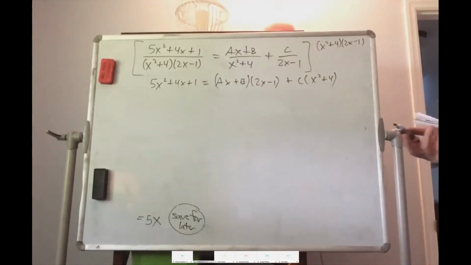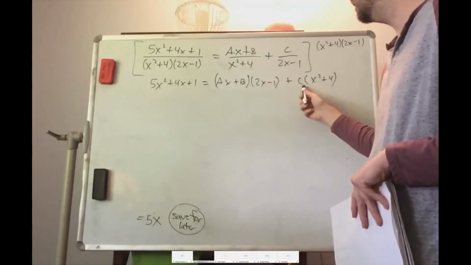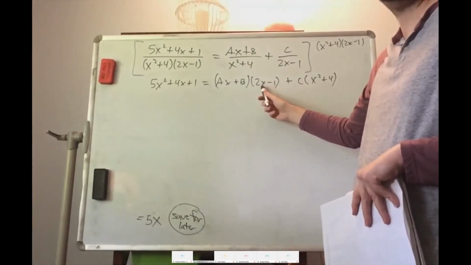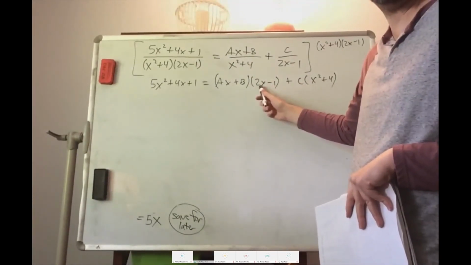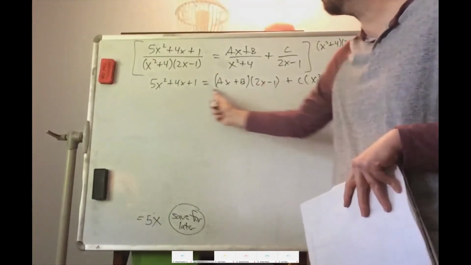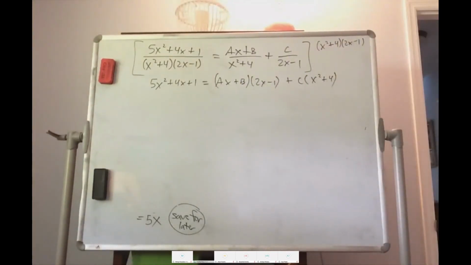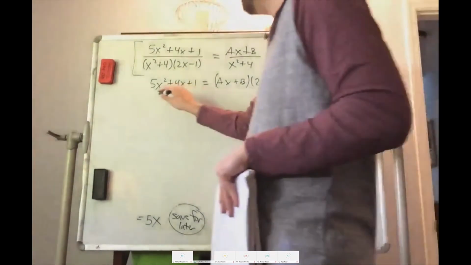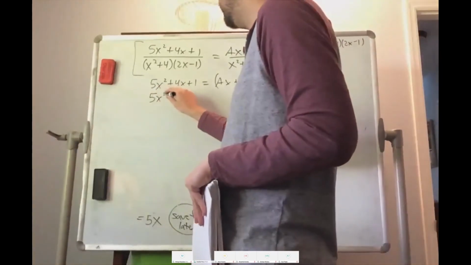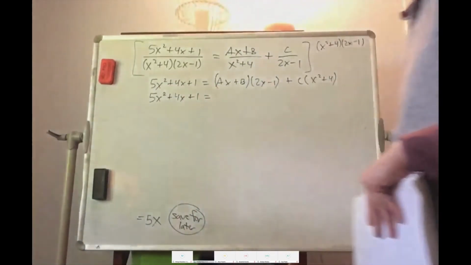And I could plug in right now and get the c. I'd have to plug in a 1/2. I actually don't personally think that's a great idea, because now I have to deal with all fractions in here. So let me just try and get a 3x3 system and solve it straight up. Of course, you could plug in the 1/2, but fractions give people more fits than they're worth sometimes.